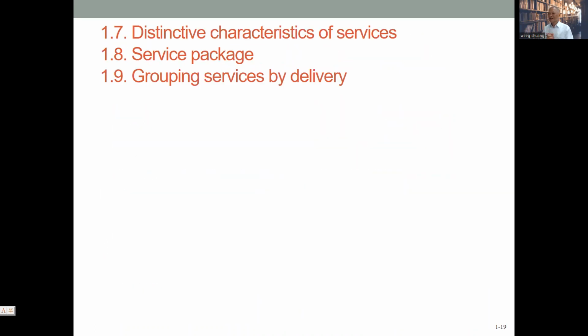Okay, in this section, we discussed distinctive characteristics of services. Also, we talked about service packages, and grouping services by delivery. Also, we discussed the implications for managers. That's all for this section.